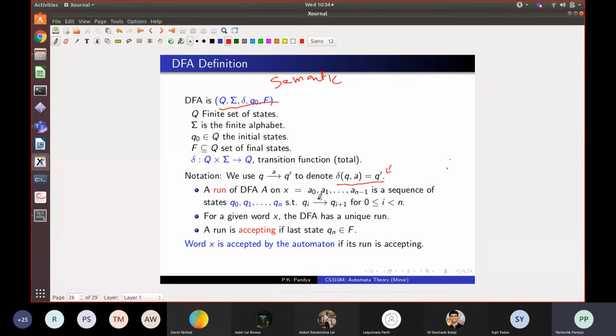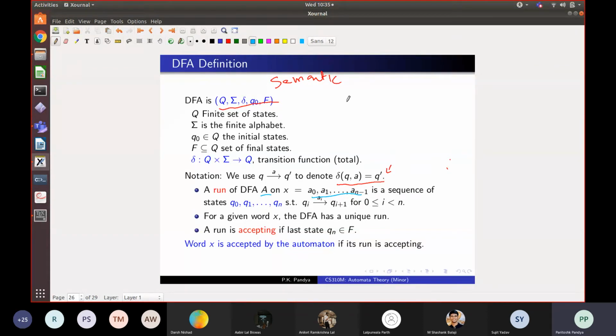So this can represent an arbitrary word. You are given an automaton A and an input word X of length n. What happens? On this word, the automaton will have an execution. It will pass through a sequence of states Q0, Q1, Q2 up to Qn. That is n plus 1 states.